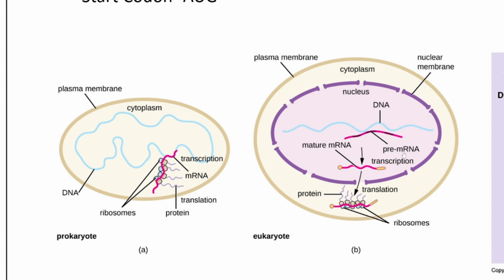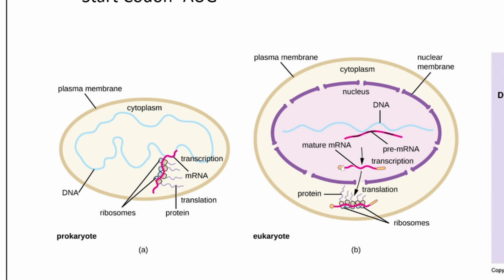So this pre-mRNA is first processed within the nucleus, and it gets converted into the mature mRNA, right? Now this mature mRNA comes out of the nucleus into the cytoplasm, and in the cytoplasm translation happens. So first mRNA is formed, it is matured, and then it comes out of the nucleus, and then translation takes place.